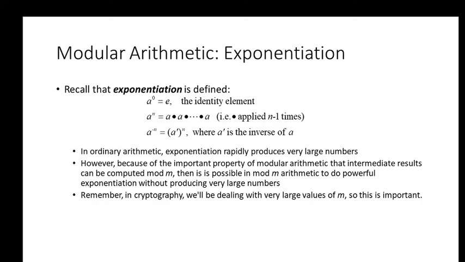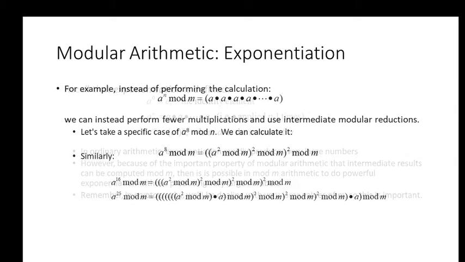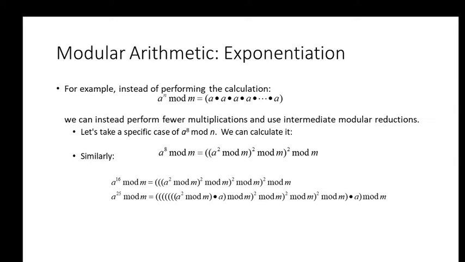Remember, in cryptography we'll be dealing with very large values of m, so this is important. For example, instead of performing the calculation a to the power n mod m as a·a·a and so on to a, we can instead perform repeated multiplication and use intermediate modular reduction.